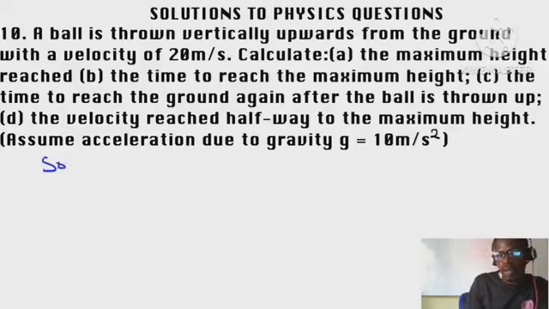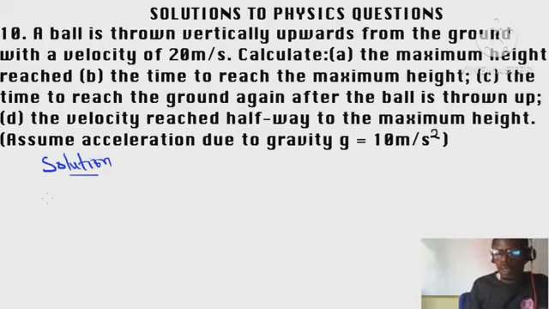So let's see how we are going to solve this question. What we are given here is that a ball is thrown vertically up from the ground.